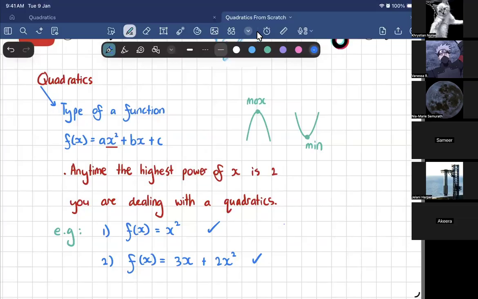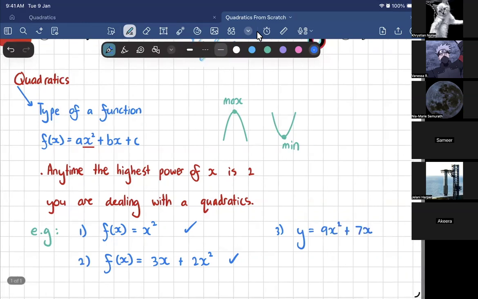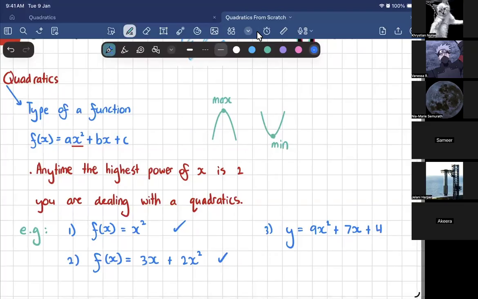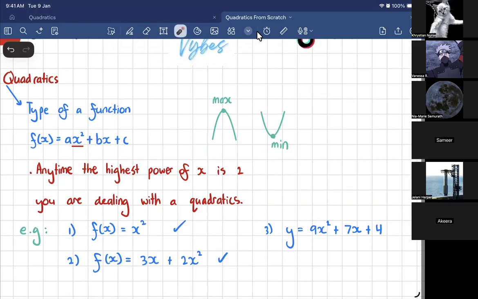What about this one? y equals 9x squared plus 7x plus 4. Quadratic or not a quadratic? Yes, that is a quadratic. Now, some of you are probably saying, sir, I'm confused, where did you pull this y from?